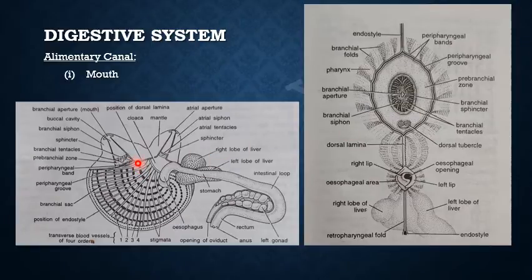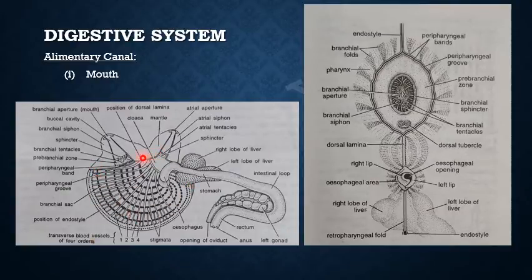Then, parallel to the anterior peripharyngeal band, lies the posterior peripharyngeal band, which is not completely circular. It runs from the dorsal end to a little toward the ventral end of the animal, and it is interrupted by the dorsal lamina on the dorsal side and the endostyle on the ventral side.